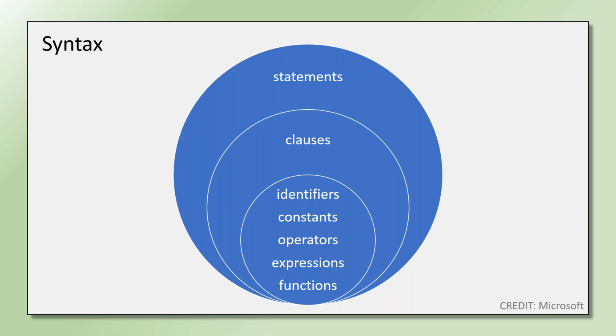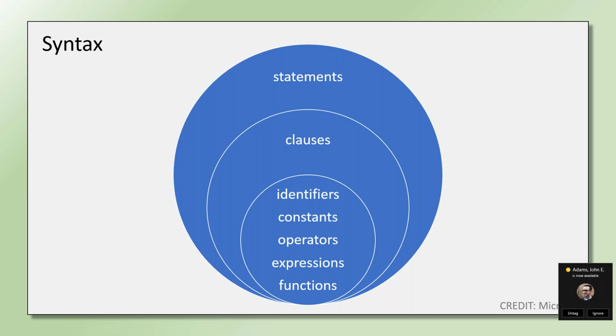Constants are, for example, the number 2, or a certain string that's saved into a variable, things that don't change throughout execution of SQL code. Operators include things such as the alligator mouths, the greater than, less than, and, or. There are also some functions in SQL that dynamically evaluate bits of data with which you are working to determine if that piece of data is going to be used.